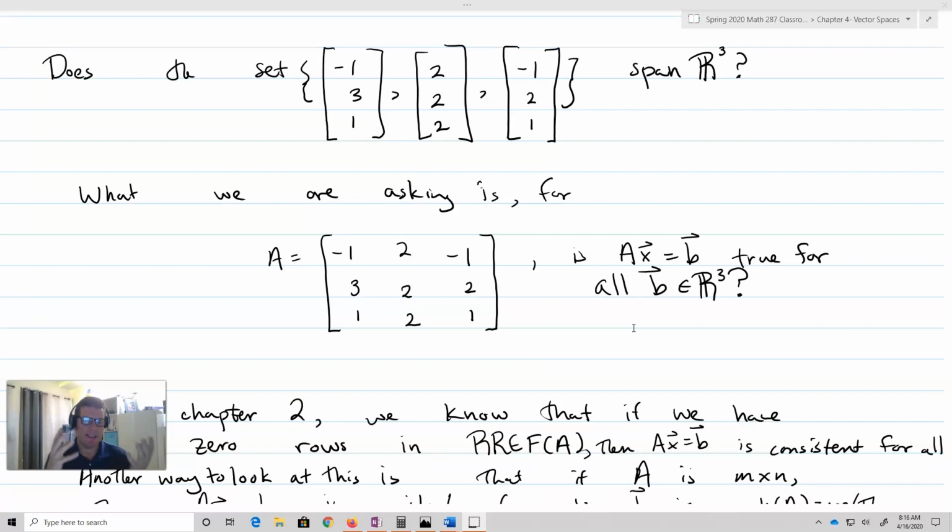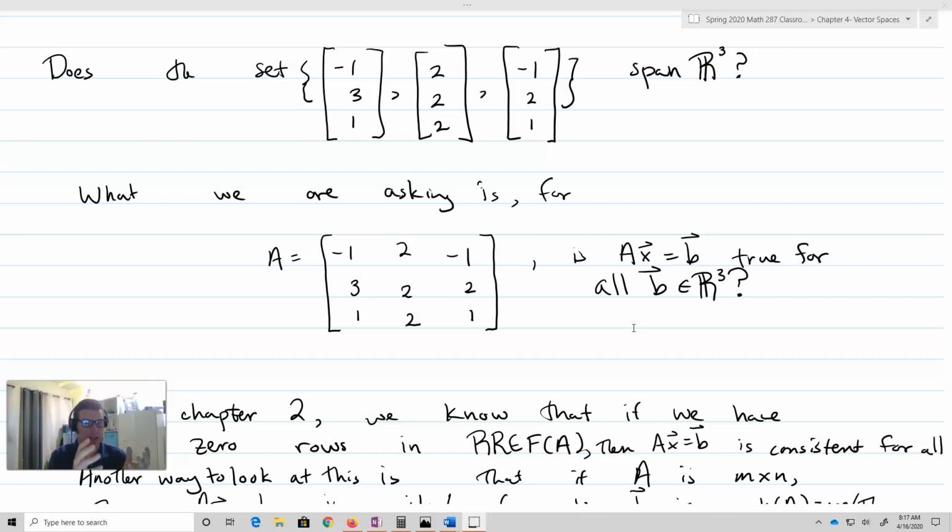So let's dive a little bit deeper into this concept. Let's say I've got this question: does this set (-1, 3, 1), (2, 2, 2), (-1, 2, 1) span R3? On the one hand, we're asking, can we construct a linear combination for every vector in R3 out of this particular set?